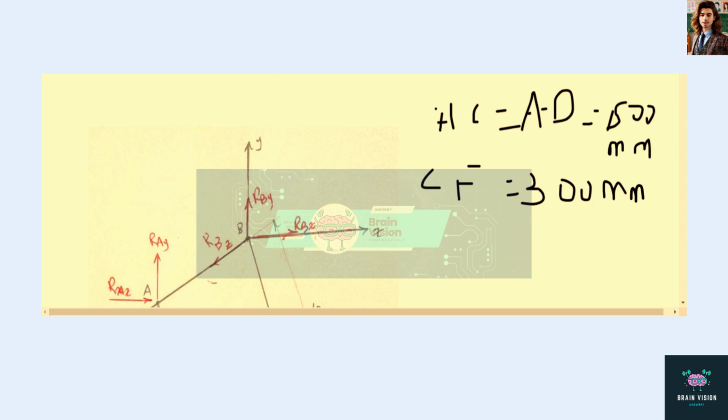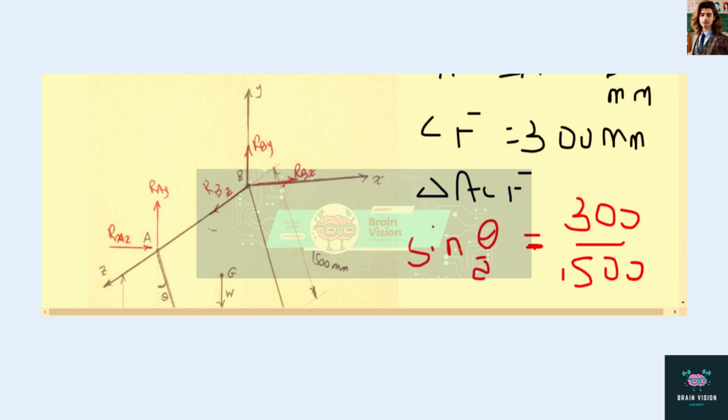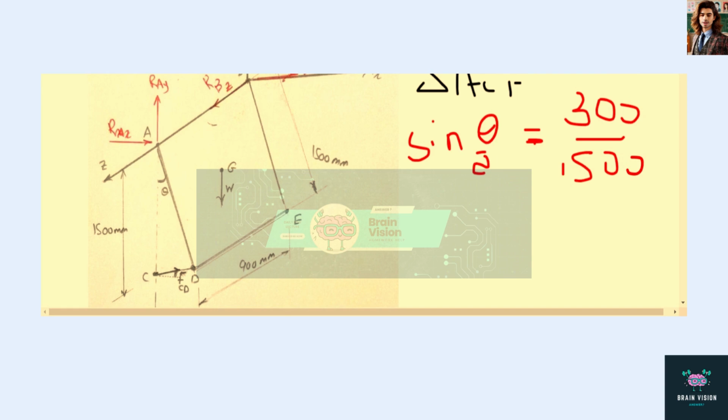And from the triangle ACF, I can write sine theta by 2 is equal to 300 upon 1500. So, from this we can calculate theta is equal to 23.074 degree.